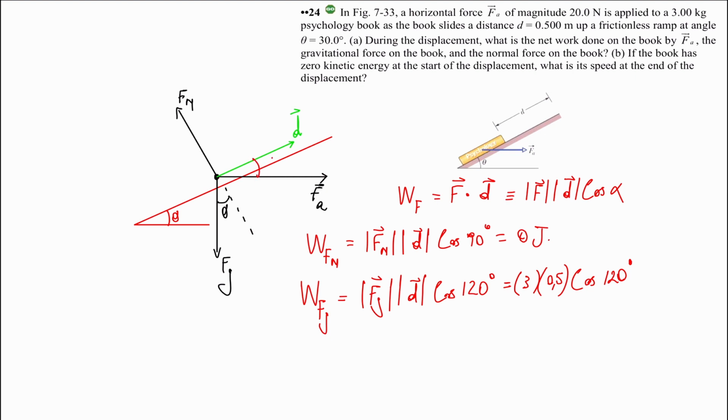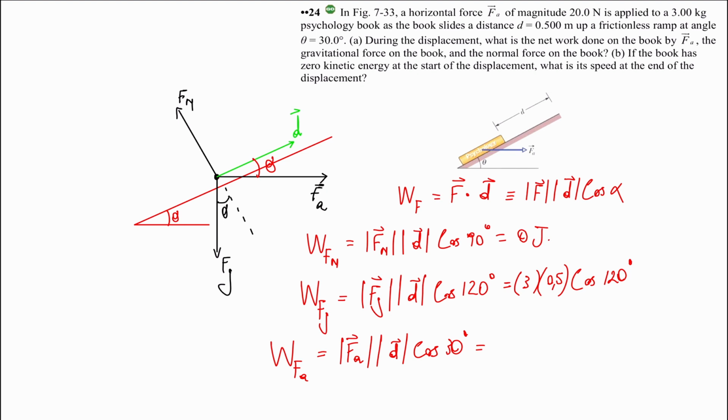That means we can calculate the work done by the applied force. The work done by the applied force is the magnitude of the applied force times the magnitude of the displacement vector times cosine of the angle between the displacement vector and the force applied, because we're looking for work done by the force applied. So then this is going to be 30.